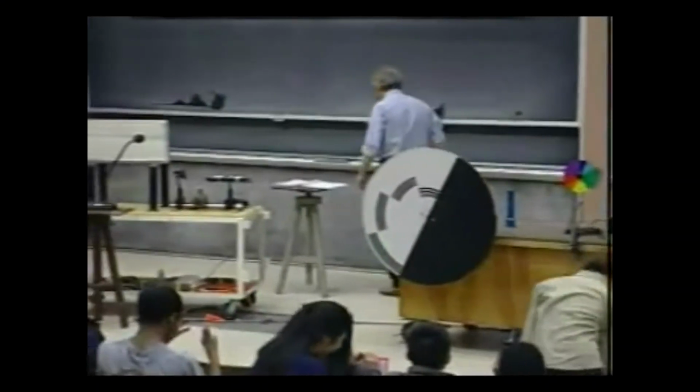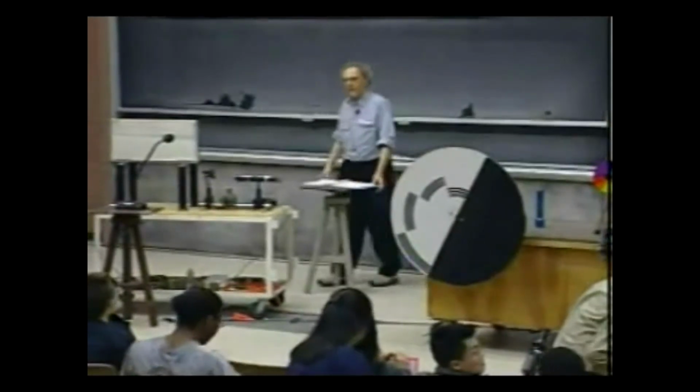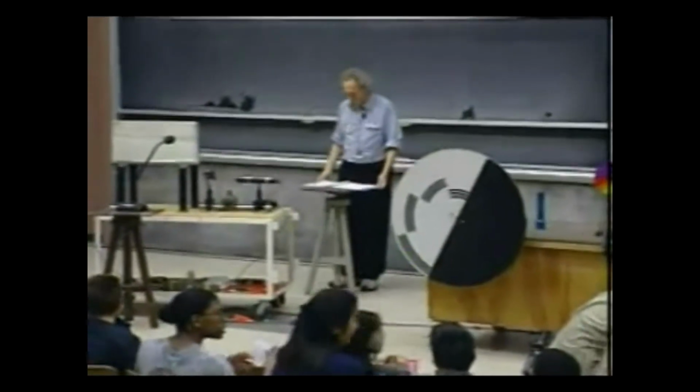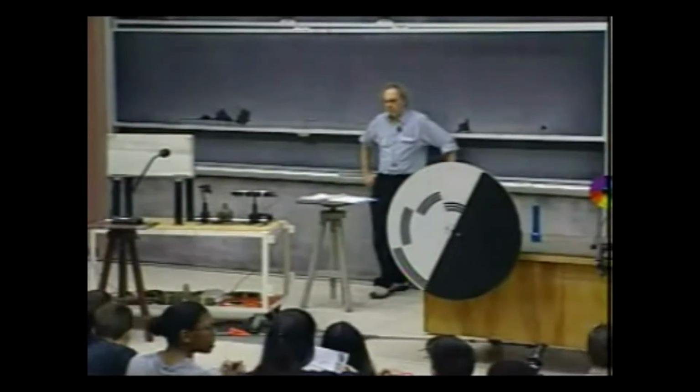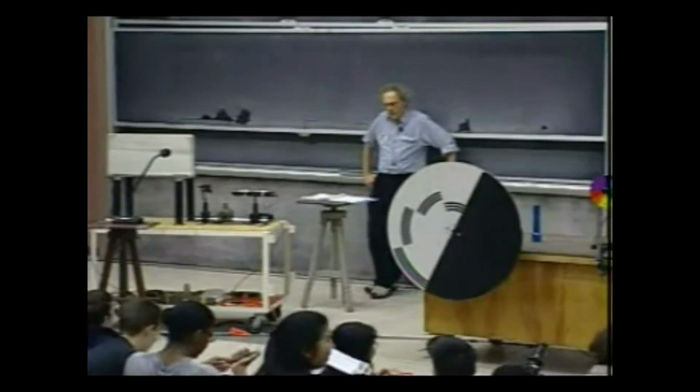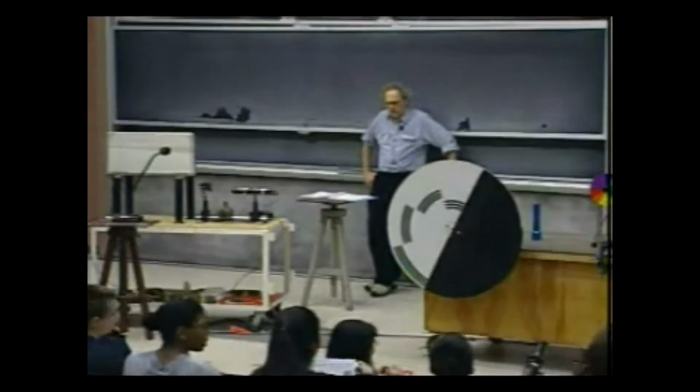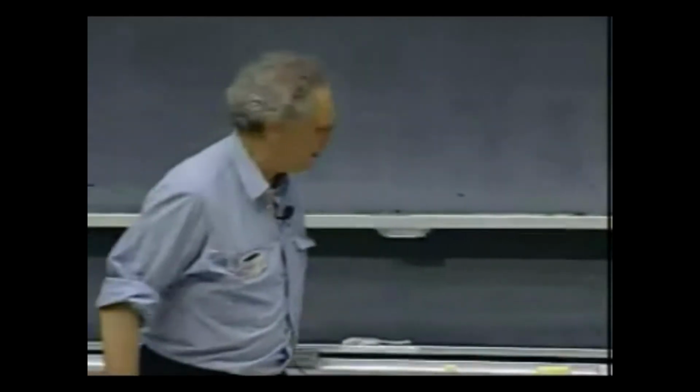I'm going to talk about light. Light is an electromagnetic phenomenon, and already in the 16th century, way before Maxwell, a lot of studies were done of the interaction of light with water and with glass.